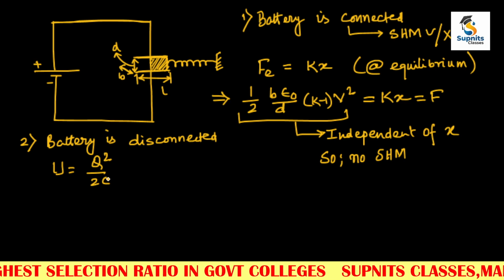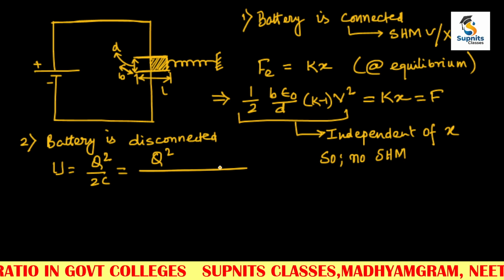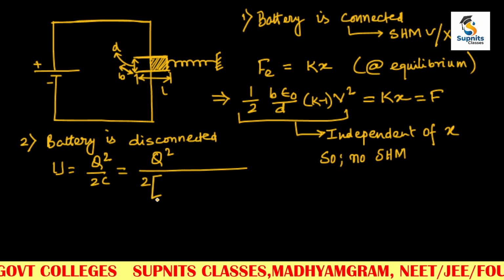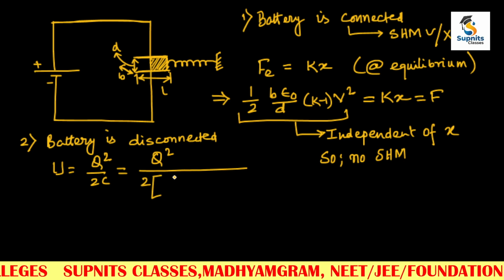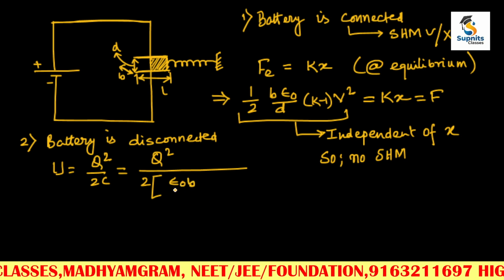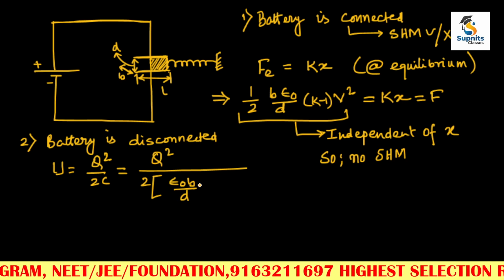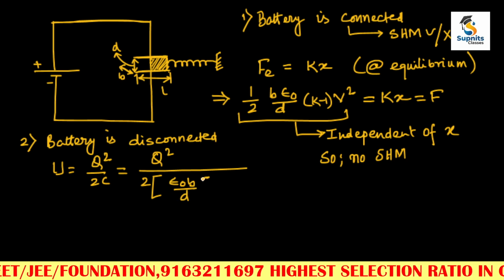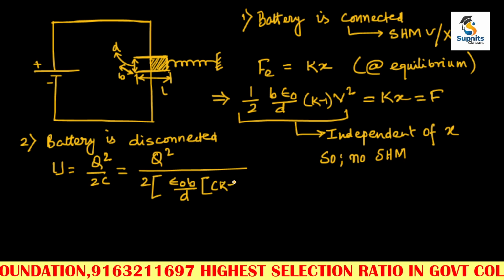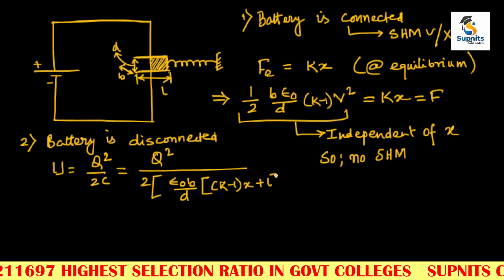Now in this same derivation that we did today, we also found out the capacity of the capacitor with dielectric entered into it, or dielectric inside it. So C is epsilon naught B by D, and that was, I think, k minus 1 x plus L.